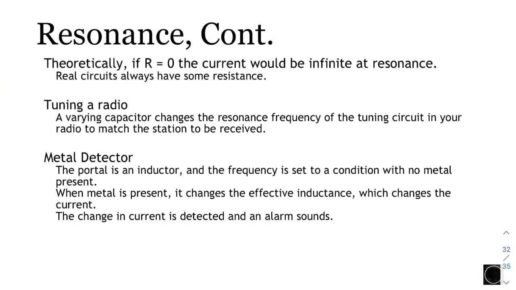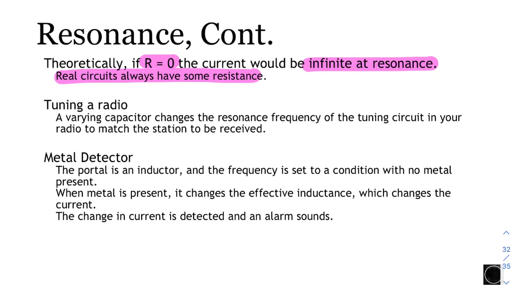Next, if R is equivalent to 0, the current would be infinite at resonance. However, in a real circuit, this does not happen, because even if it is very small, the resistance still exists within a circuit.